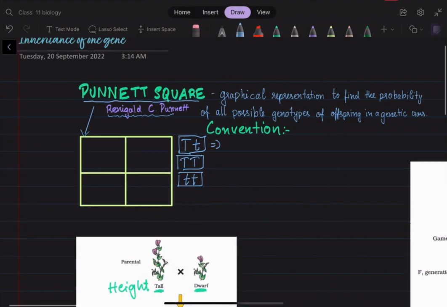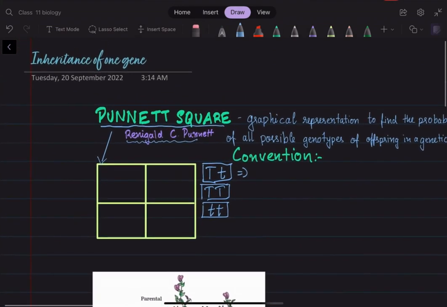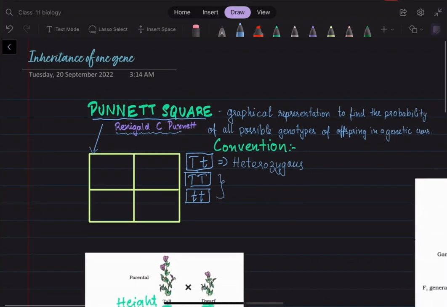Here you can see two different types of alleles, so they are called heterozygous, whereas these two genotypes we call homozygous because they have the same type of alleles.